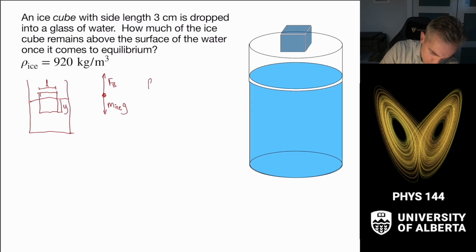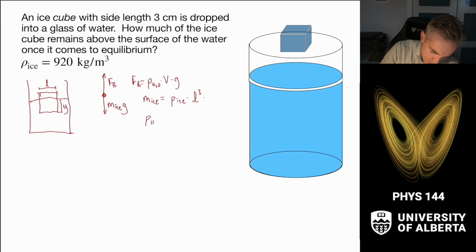So it's rho H2O times the volume that's displaced times g. So that's going to be the buoyancy force. And then M ice is going to be equal to the density of ice times its volume, which is the length cubed.